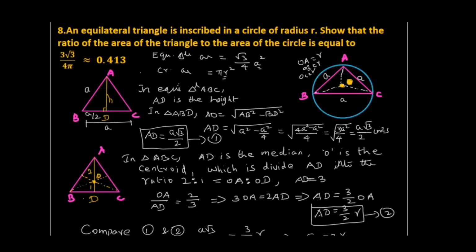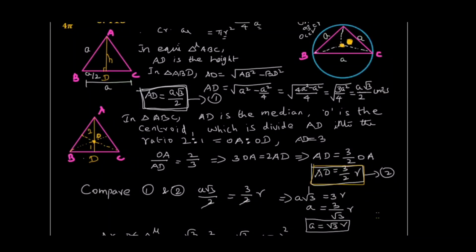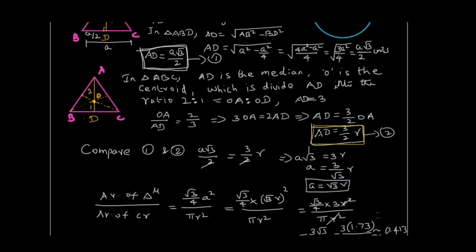Here AD is equal to this one. Median and height are both the same in an equilateral triangle, so we get this. Comparing these two, we get the relation between the side and the radius. Then we find the ratio of the area of the triangle and the circle.